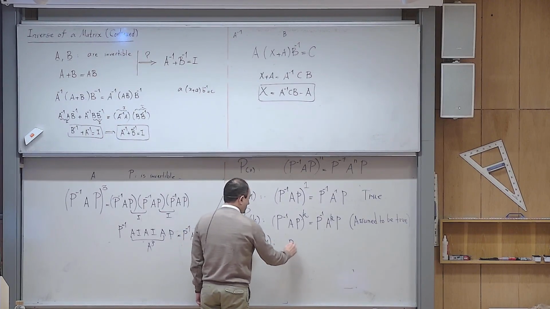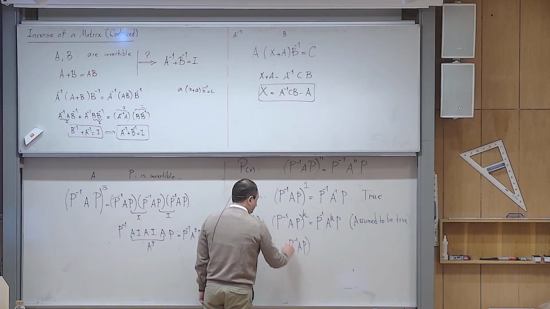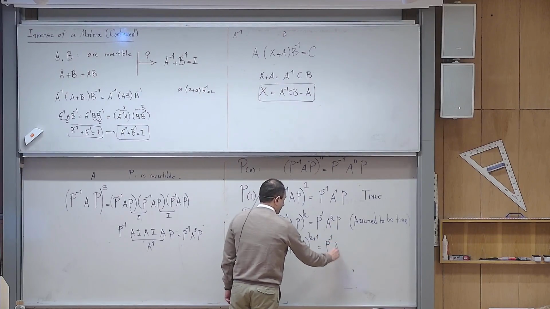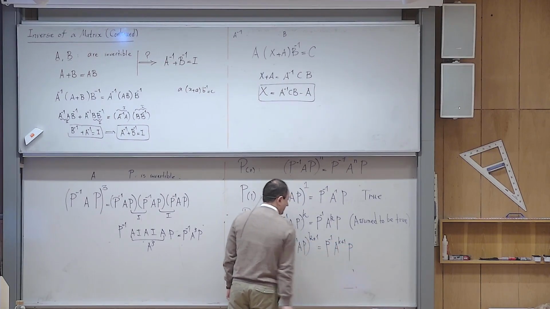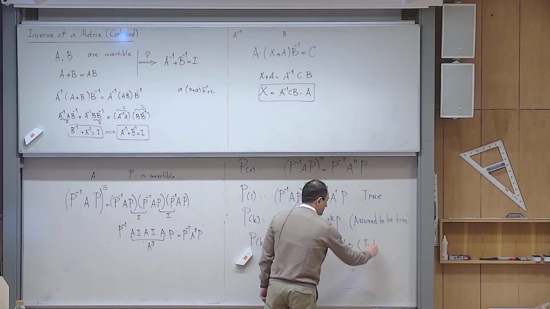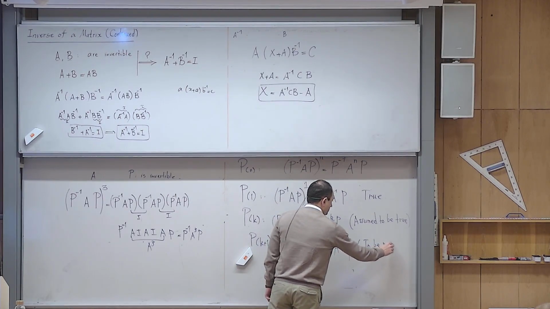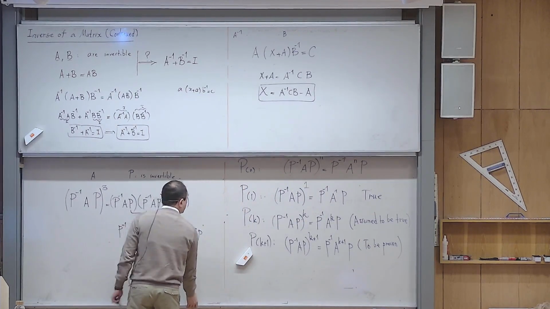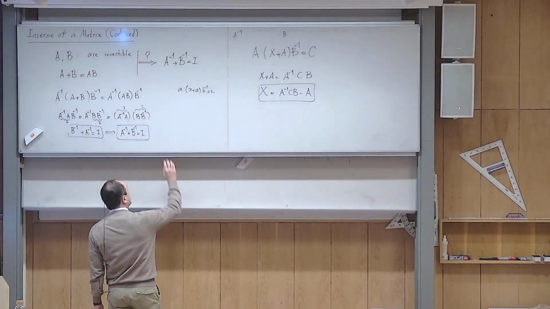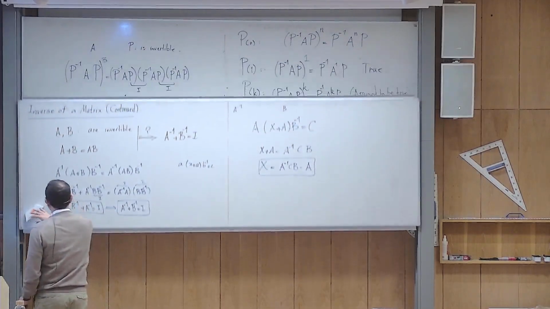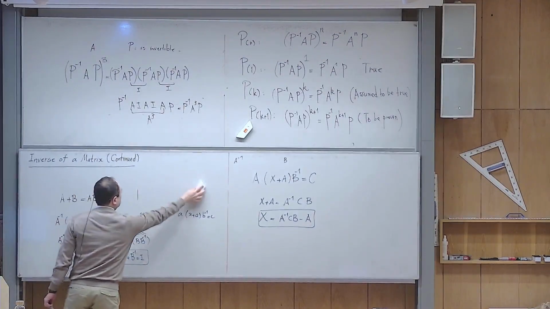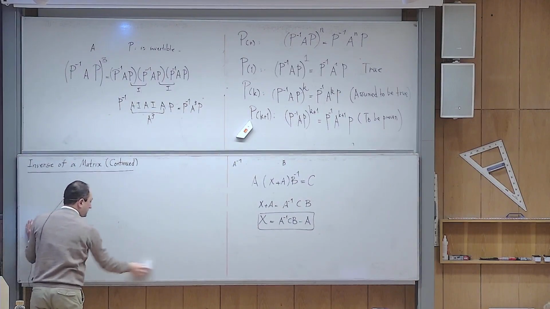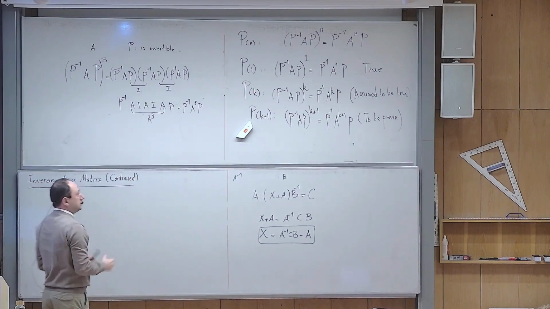So this means that I have to show this to be proven. But this is, I think, very easy. What is your suggestion to start to prove this? My goal is to prove this last equality.